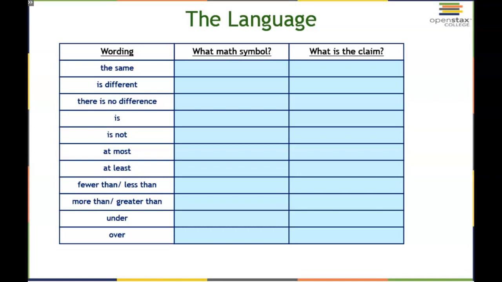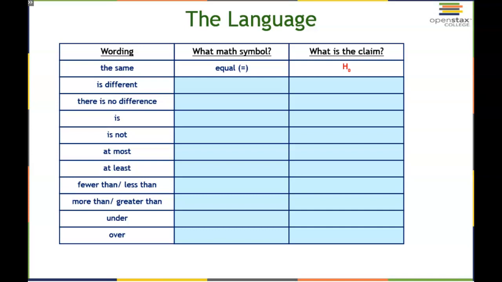The wording is the same. So somewhere in the problem, when you're reading the description, you hear the same. The same means equal, and therefore the math symbol is equal. And because it's equal, that must be an H0. Anytime that it contains something about equality, the claim has got to be an H0.